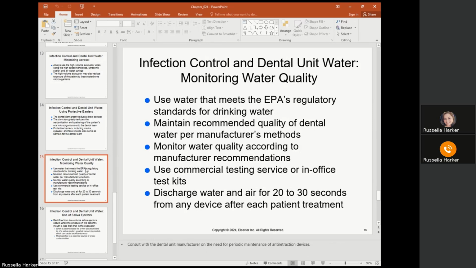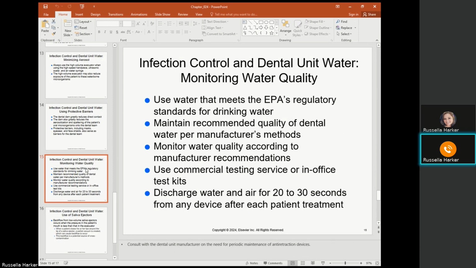Use water that meets the EPA's regulatory standards for drinking water. So when you are working on a patient, the dental unit water should meet the same standards as the Environmental Protection Agency's standards for drinking water. You should maintain recommended quality of dental water per manufacturer's methods.